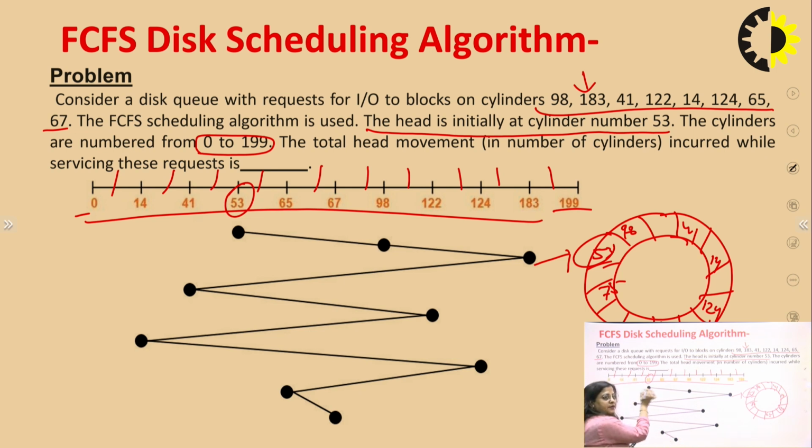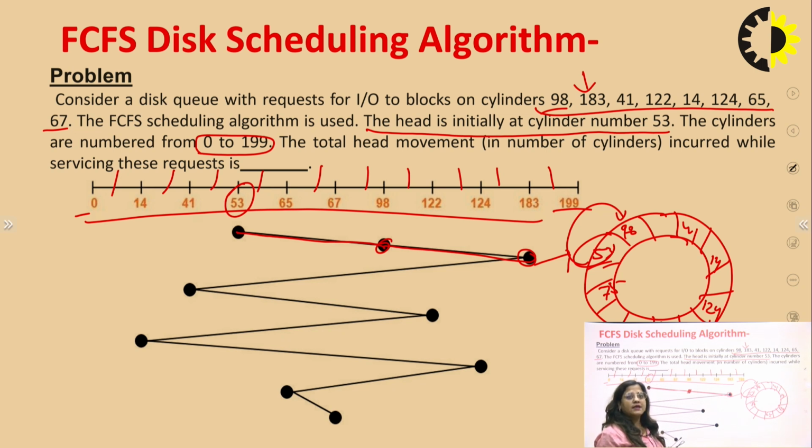Now we come to the first request in your queue, which is 98. So the read write head moves to sector 98. Next number is 183, which is present here.